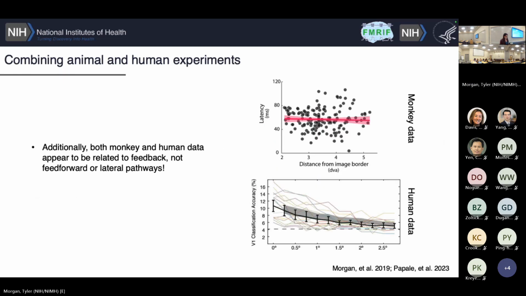afterward. And I think it'll come into play a little bit more later in the talk, but I'll just point it out. Essentially, you can also look at whether this is associated with that feedback signal that we were talking about, or alternatively, if it's more related to something called lateral connections.